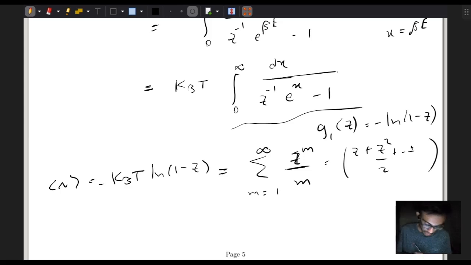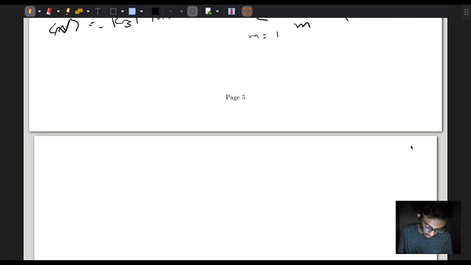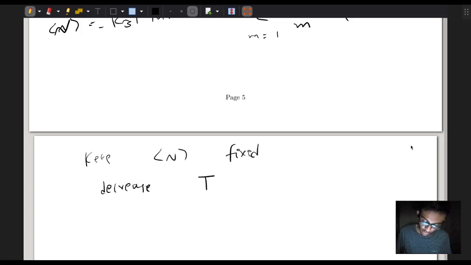Now let's ask the following question. Keep n fixed, keep the expectation value of the number fixed, and decrease t, take t to zero.